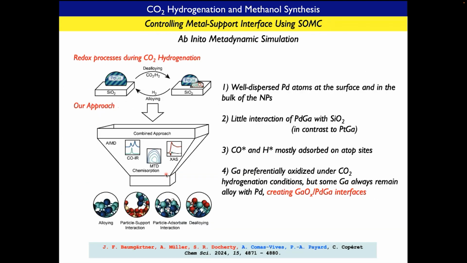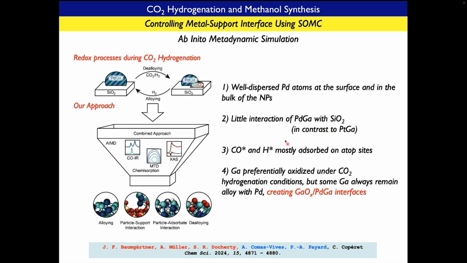Next, and I will not go into any details, we went to ab initio metadynamics to understand this palladium gallium system a bit better. To make a long story short, what we could show is that, in contrast to platinum gallium, the palladium gallium nanoparticle does not interact very strongly with silica.